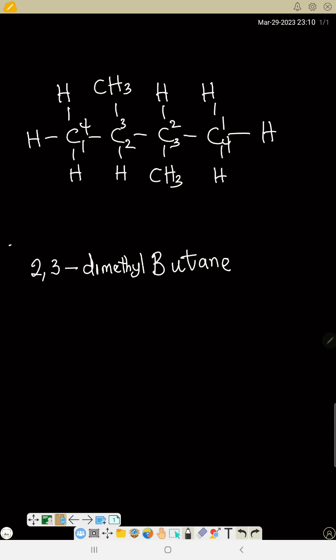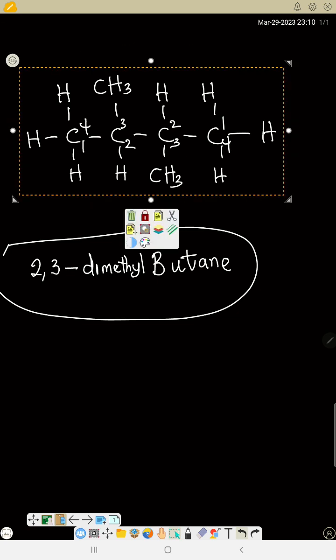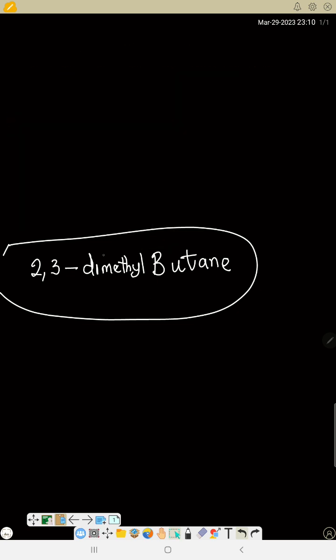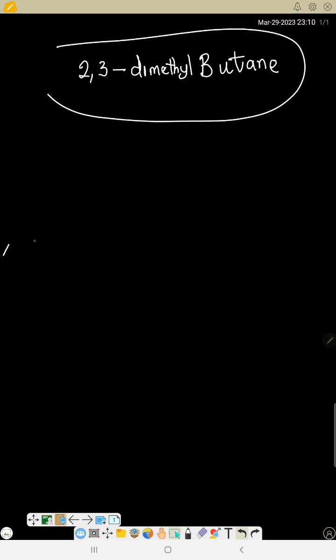Now, what if this is what you have and you want to use this to draw a structure? So let's say it is this you have in question, and you want to draw a structure. The same way, you will first count. You will see that you have but first. That means I should have 4 carbons.